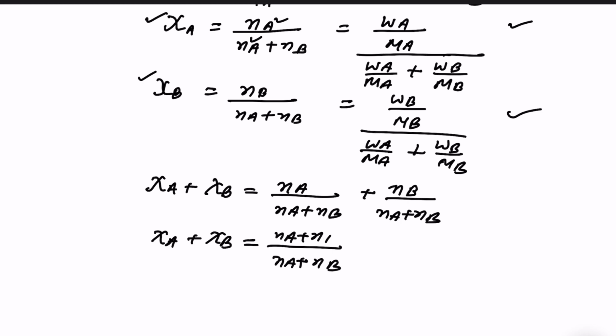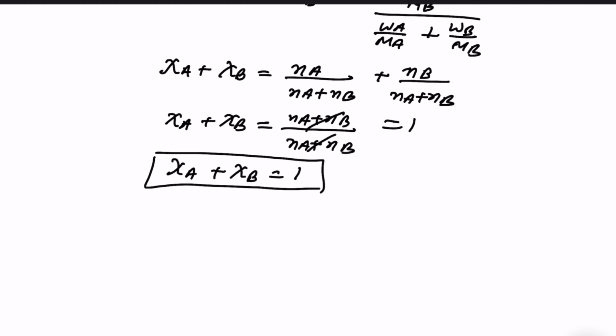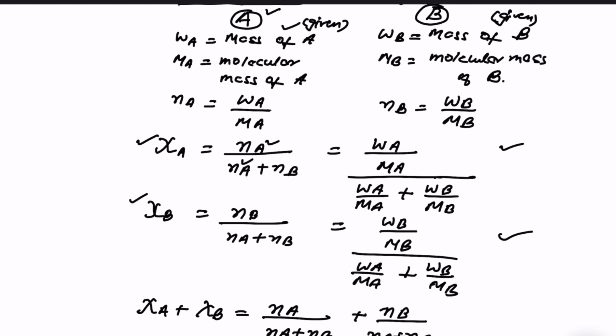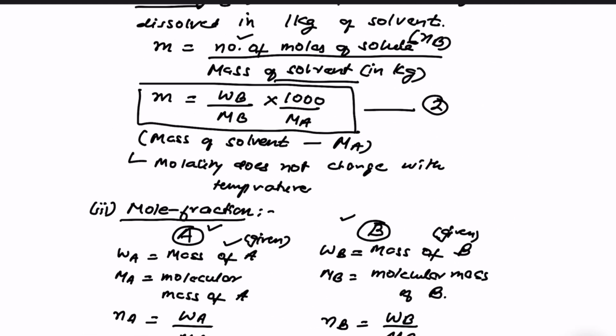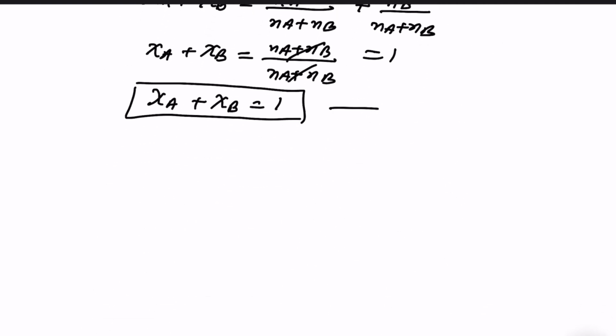This will cancel, it is 1. So the mole fraction of component A plus the mole fraction of component B is how much? 1. So whenever two components A and B are mixed to form a solution, remember the sum of the mole fractions will always be equal to 1.